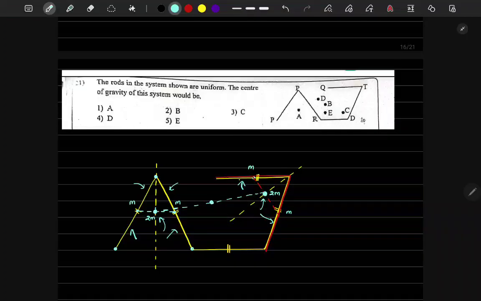So the center of gravity of these 2 points is found somewhere here. What I am left with is this point or this mass. This adds up to 4m because we have 2m and 2m. Then the center of gravity of this 4m and m should meet somewhere in between, closer to 4m in this line. So if I look at the diagram they have given, the best answer here would be B.